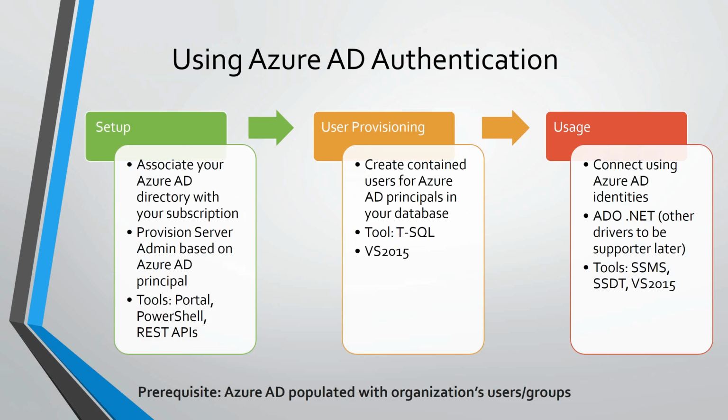And again, that can be done either using a tool, or you can write a program for this. And the third part is called usage. It's just simply connecting the specific user that was created to the database using on the client side ADO.NET with tools that are supported, or with the C# programs, with the Visual Studio 2015.